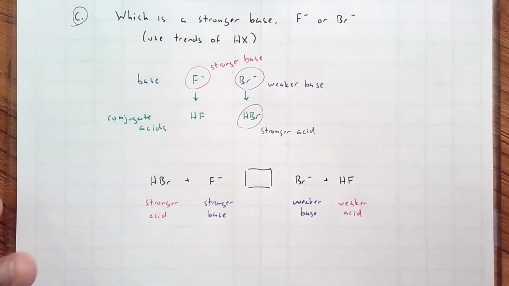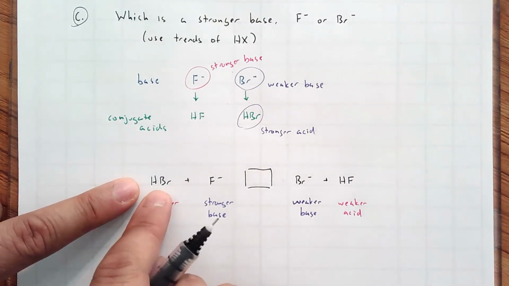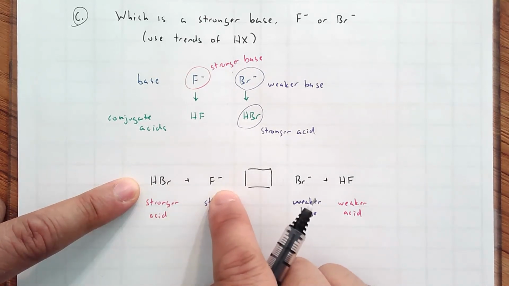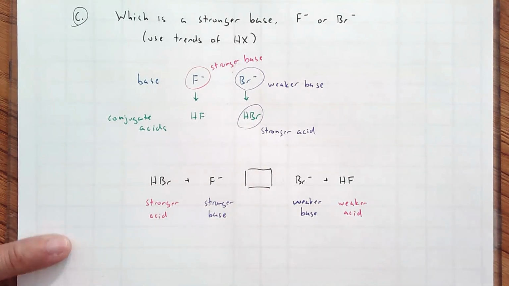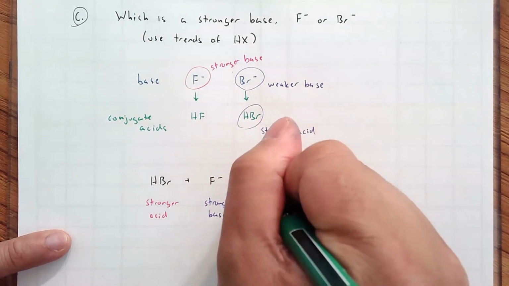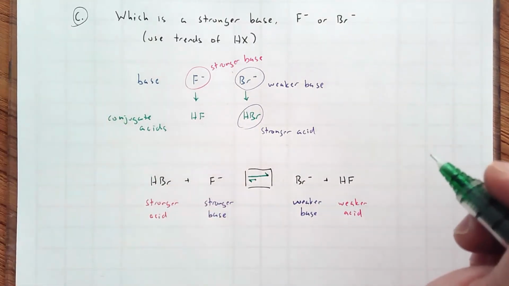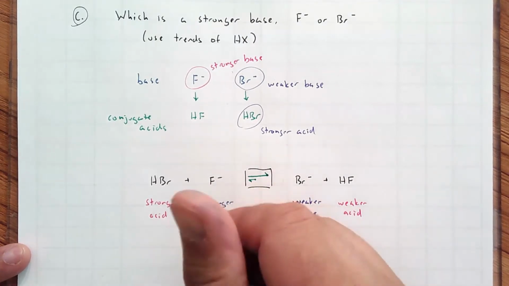Equilibrium will go in the direction where the reaction wants to take place. These are strong, so that species wants to give up its proton. This F minus wants to accept a proton very strongly. Your equilibrium arrow is mostly to the right. So we haven't really drawn in this unit a lot of unequal arrows like this. Or you could just say, this is what we have done in the past, favors the products.